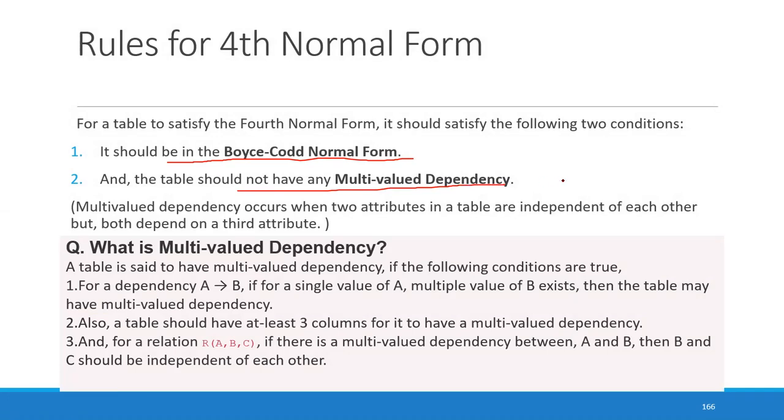I will explain what multi-value dependency is. Suppose we have the relation R with 3 attributes A, B, C. There is a close relationship between A and B, and again a close relationship between A and C. But B and C are independent of each other, not dependent.